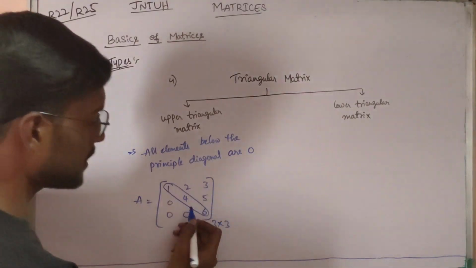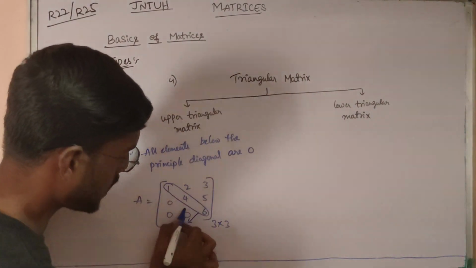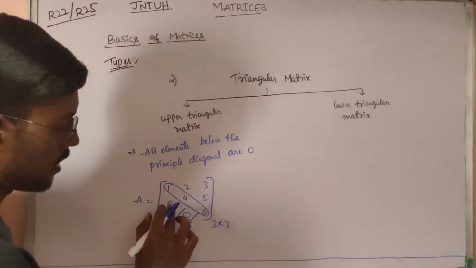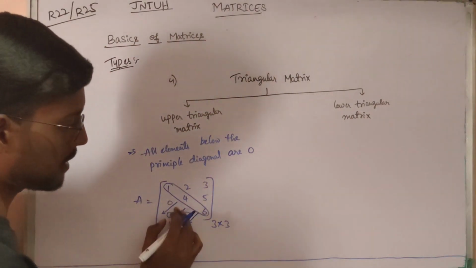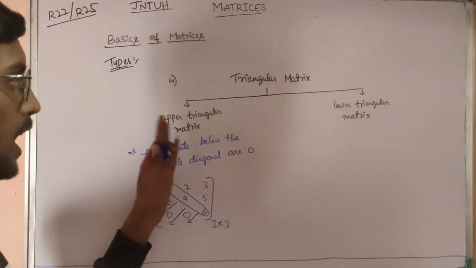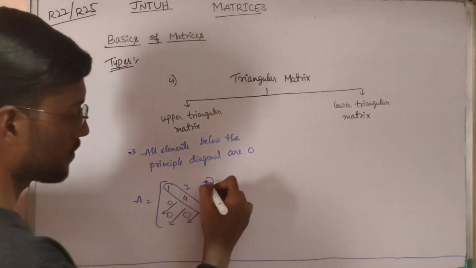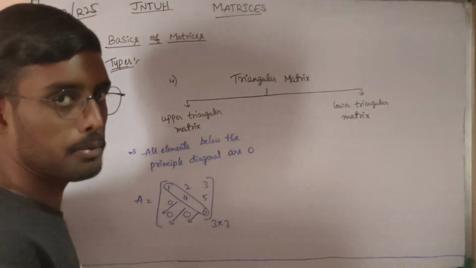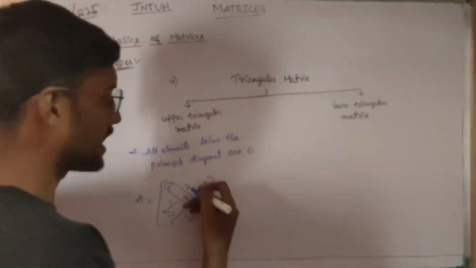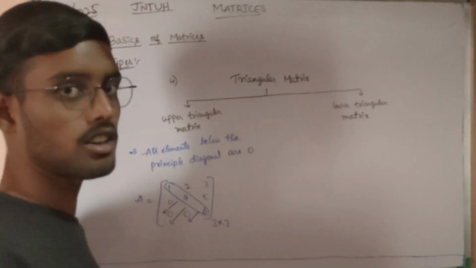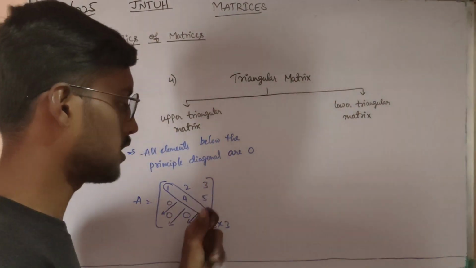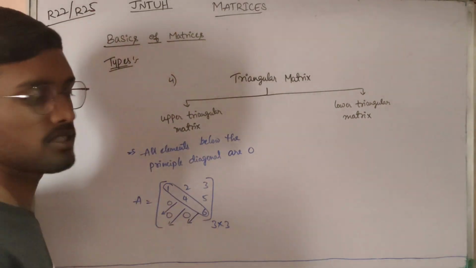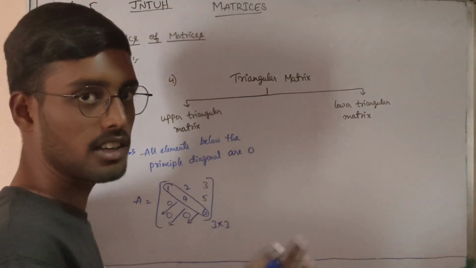All elements below the principal diagonal are 0. Have you observed? This is called an upper triangular matrix. The elements above the principal diagonal can be any numbers, 1 is not compulsory. Every element below the principal diagonal must be 0, and only then do we call it an upper triangular matrix.